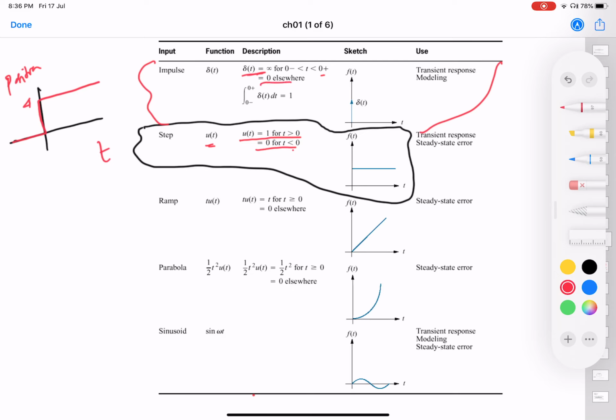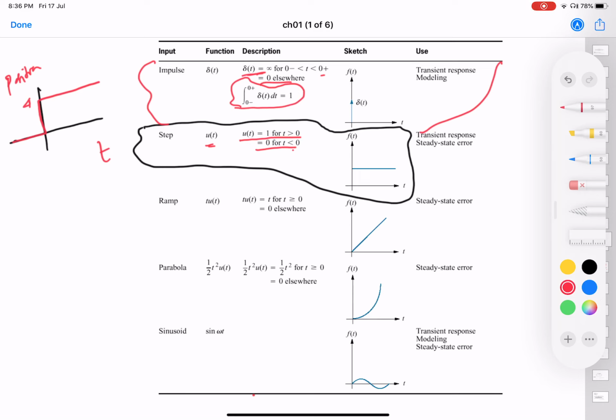It is 0 elsewhere. And you can show that the integral of this impulse input from 0 minus to 0 plus is equal to 1, right? So it is like putting a lot of energy into the system and seeing how the system responds, how it is dissipating that energy.